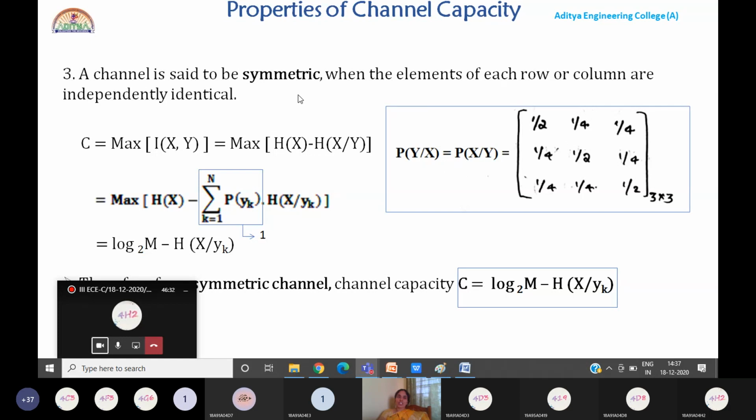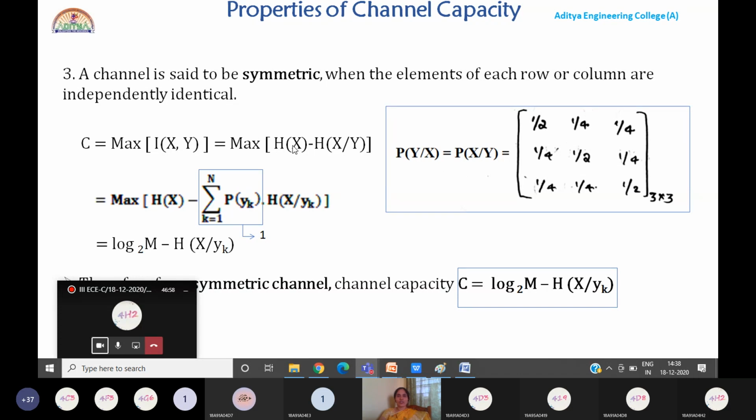Then we can say that the corresponding type is symmetric channel. So a channel is said to be symmetrical when the elements of each row or column, any one of the two can be satisfied. Either the elements of each row are independently identical or the elements of each column are also independently identical.